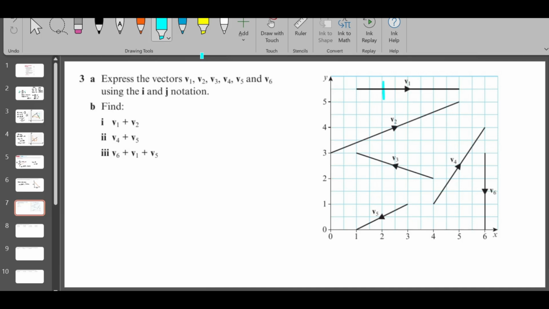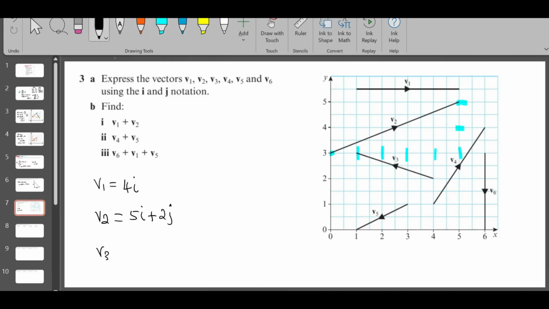So it's 1, 2, 3, 4 on the positive x-axis, so v1 is just 4i. v2 now, starting here, 1, 2, 3, 4, 5 units, so 5i plus 1, 2 units up, so it's 2j.